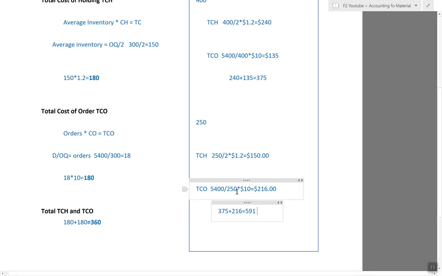Have I done it correctly? Sorry, 150. 150 plus 216 becomes 366. It's still higher than 360. So no matter whatever the quantity that there is, it will not give you lower cost than the EOQ. It can give you equal cost, but it will not give you lower cost than EOQ.